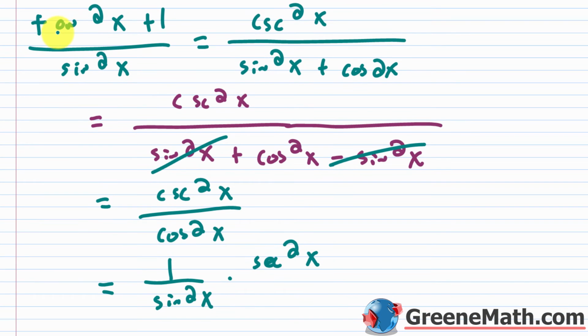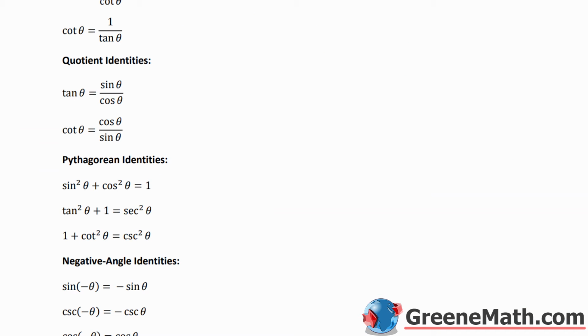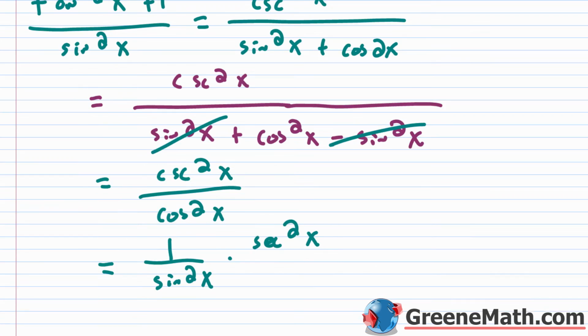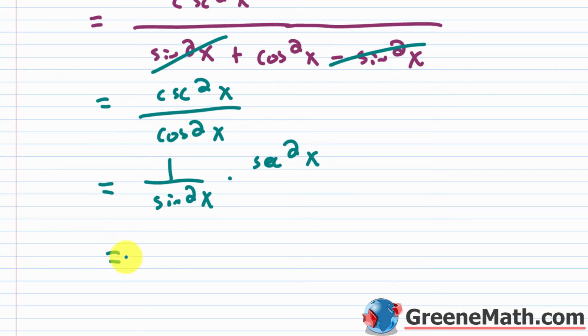Now, you're trying to get tangent squared x plus 1 in the numerator. Secant squared theta is equal to tangent squared theta plus 1. So coming back down, I'll go ahead and say that secant squared x is tangent squared x plus 1, and we'll be done. So we'll say that this is tangent squared x plus 1 over sine squared x.